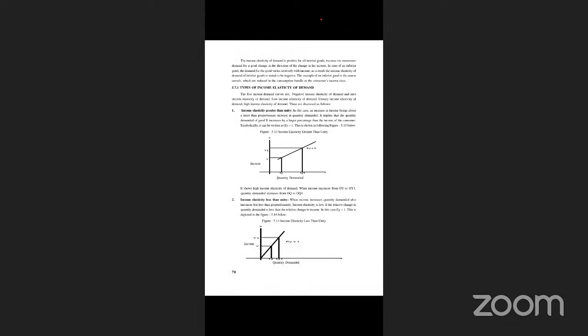In income, you can see when it is greater than unity, income elasticity less than unity. We've discussed about price, right? Similarly, we have unitary, negative income elasticity, and zero income elasticity.